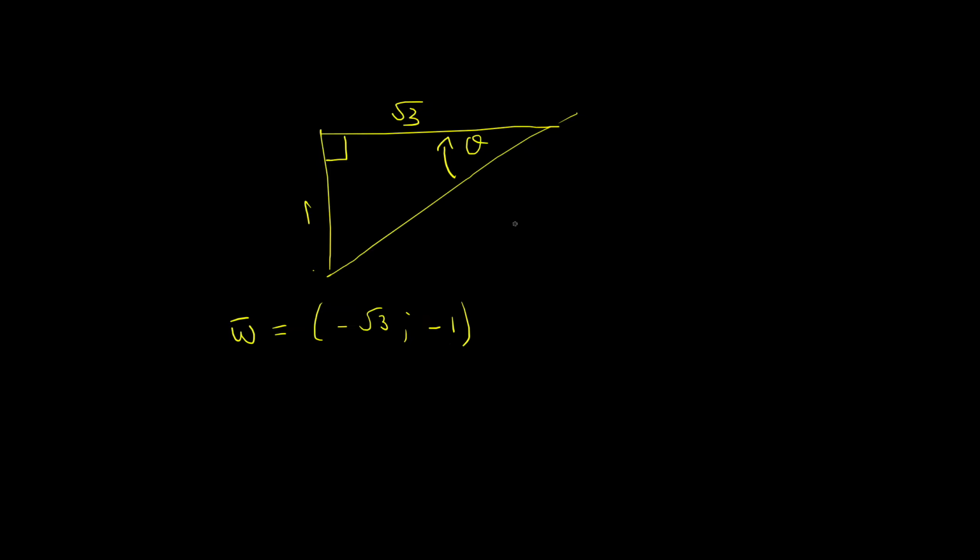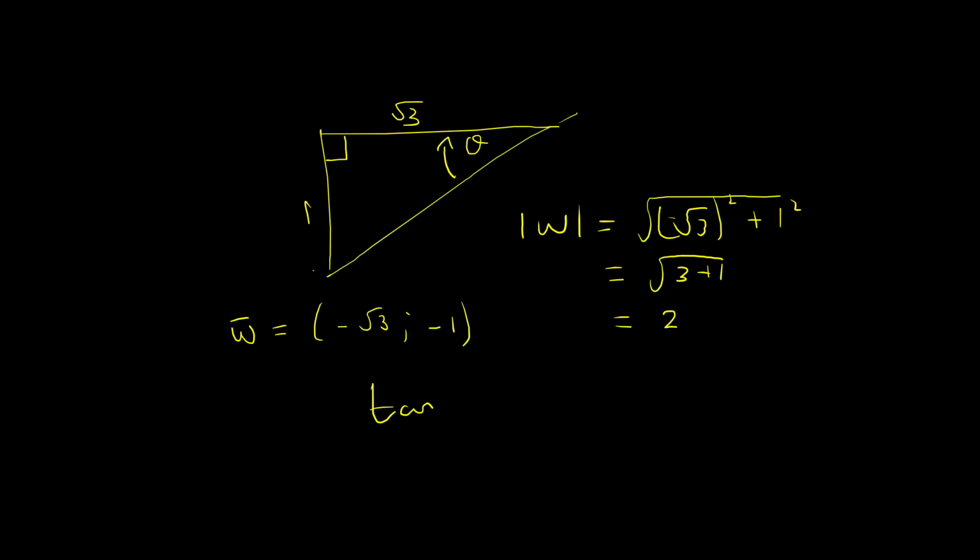Again, to get the magnitude, we use the absolute value. It's going to be the square root of minus square root of 3 squared plus 1 squared. That's going to be 3 plus 1, which is 4, and the square root of 4 is equal to 2.